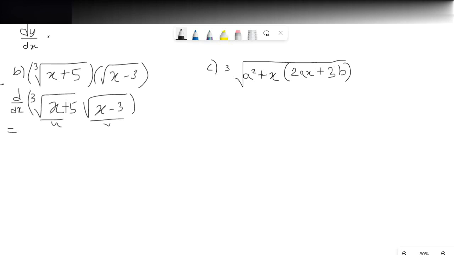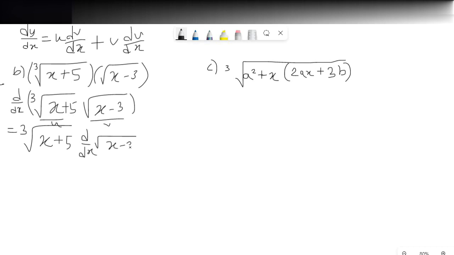Since dy/dx is equal to u dv/dx plus v du/dx, we can write this being u, which is cubic root of x plus 5, then multiplied with the derivative of v, which is root over x minus 3, and then plus v multiplied with the derivative of u.